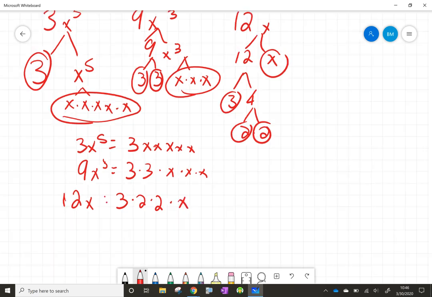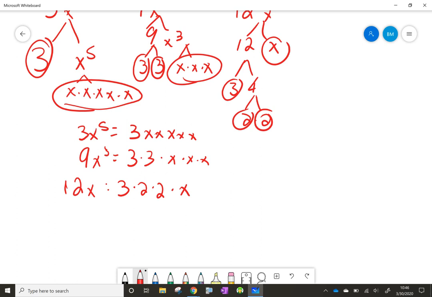So for the GCF, we're looking for what do these all have in common. So I have a highlighter, I do. So all of them have a 3 in common. They don't have any other numbers in common because the first one doesn't even have any more numbers, just a 3. They all have an x in common. And I think that's it. It has to be between all 3, remember. All 3 have to have this in common.